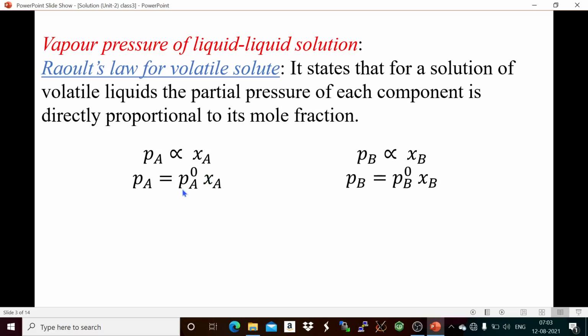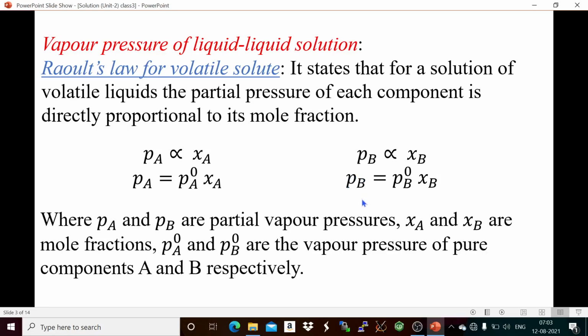Now PA naught and PB naught are the vapor pressures of the components in the pure state. That means before mixing, when component A is present alone, the vapor pressure of liquid A is represented by PA naught, and PA is the vapor pressure of the liquid when we mix the two liquids A and B. Similarly, PB naught is the vapor pressure of component B alone, and PB is the vapor pressure of component B in solution.